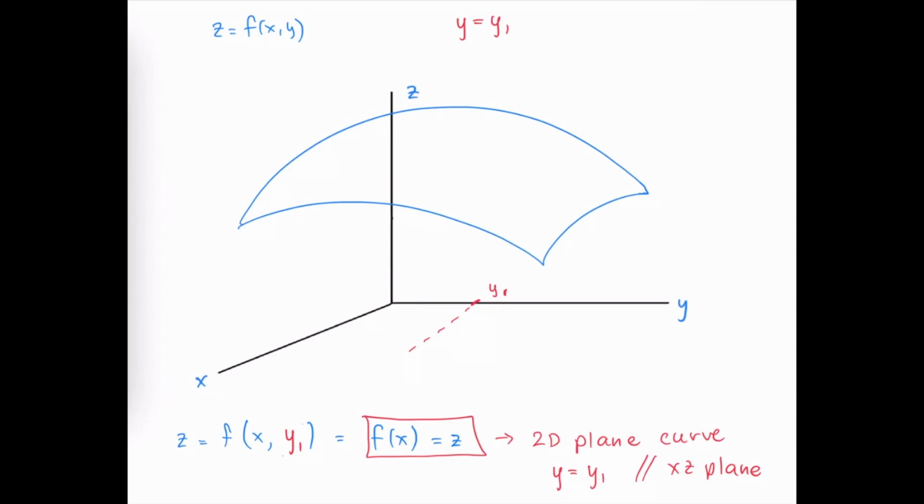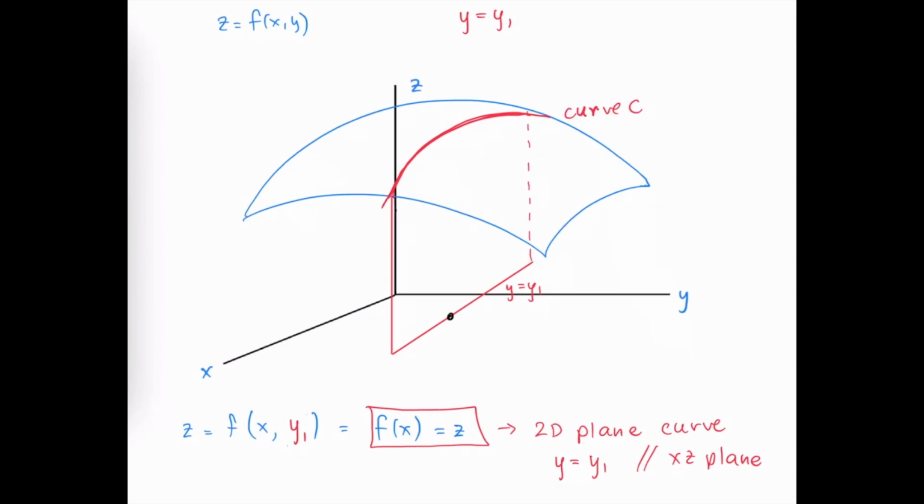So let's come up to our concept drawing here and consider the plane y equal to y1. Let's slice this surface with that constant y plane to get a curve of intersection. Now let's take a look at an arbitrary domain element that is within this plane. The x variable is the changing x quantity, so we could slide back and forth to change the value of x.